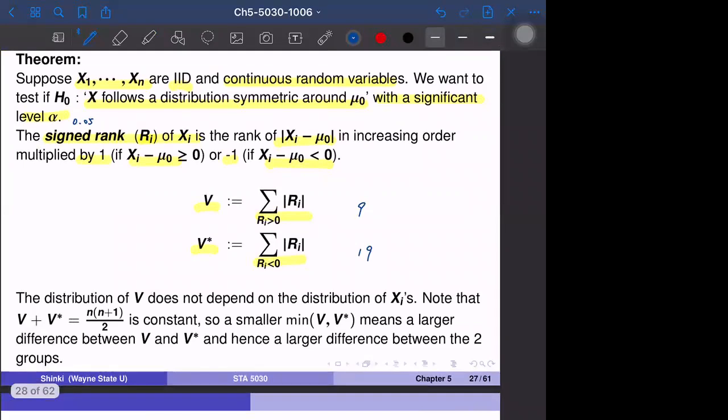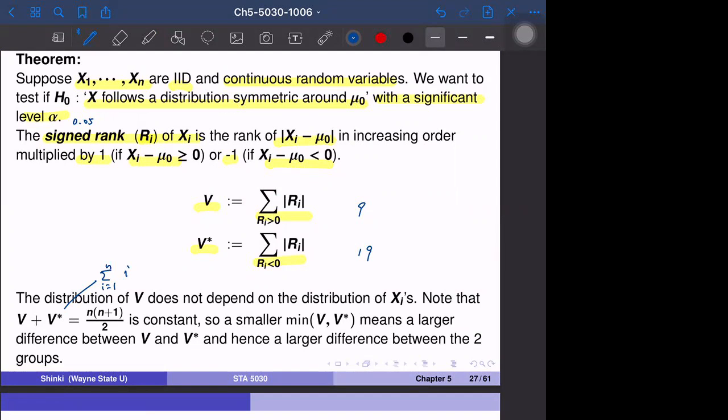In total, V plus V asterisk is the summation of i from 1 to n, which is n times n plus 1 over 2, and this is constant.